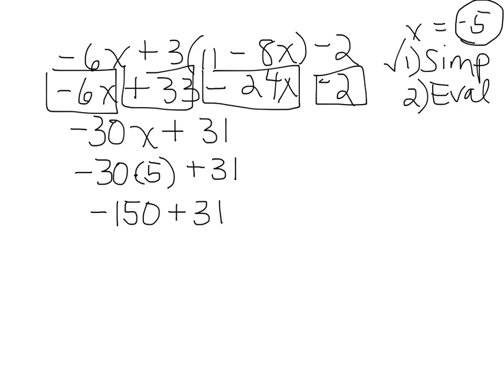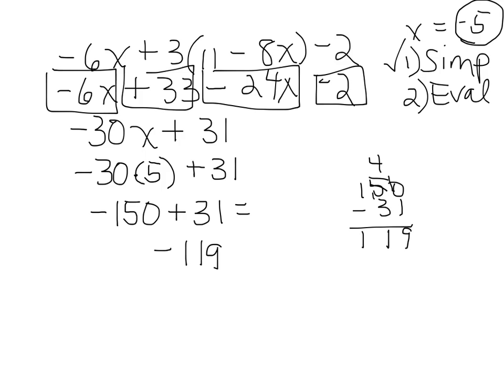Well, this is a little hard to do in your head. You can see you have unlike signs, so you're going to need to subtract the difference between 150 and 31. We could just say over to the side 150 minus 31. 10 minus 1 is 9. 1, 1. So that means that it equals negative 119.